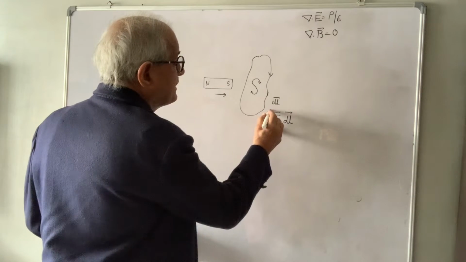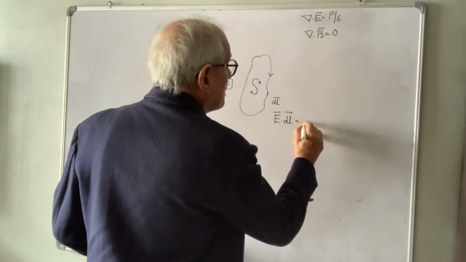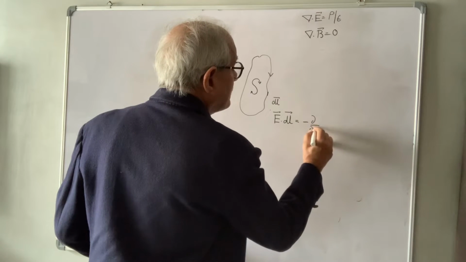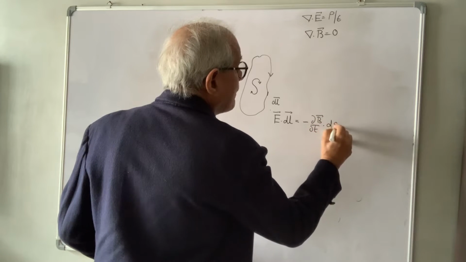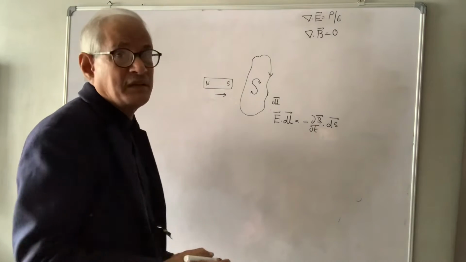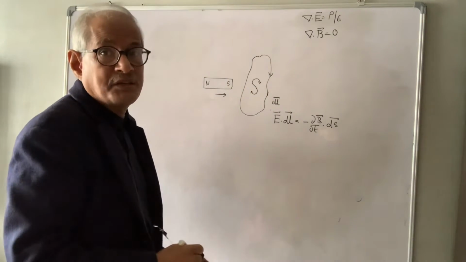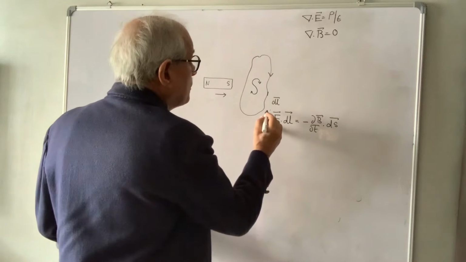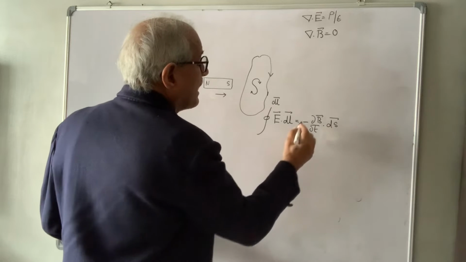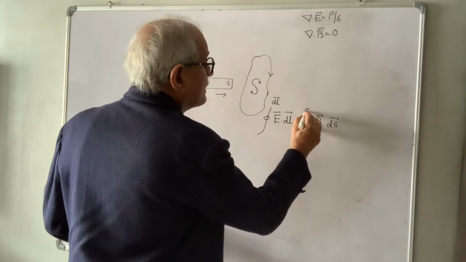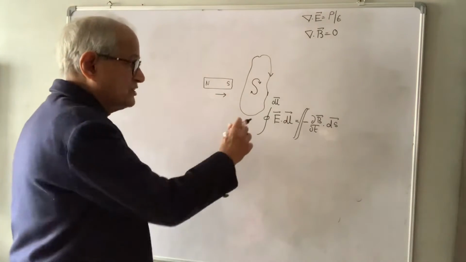If we integrate, this is equal to minus del by del t of B dot ds, where ds is a small elementary area enclosed by this ring. Now we integrate this over the entire length, and this we integrate over the entire surface. This is in integral form.